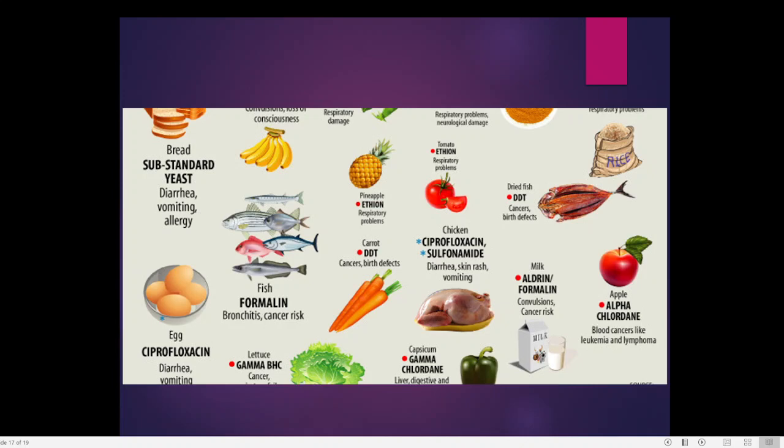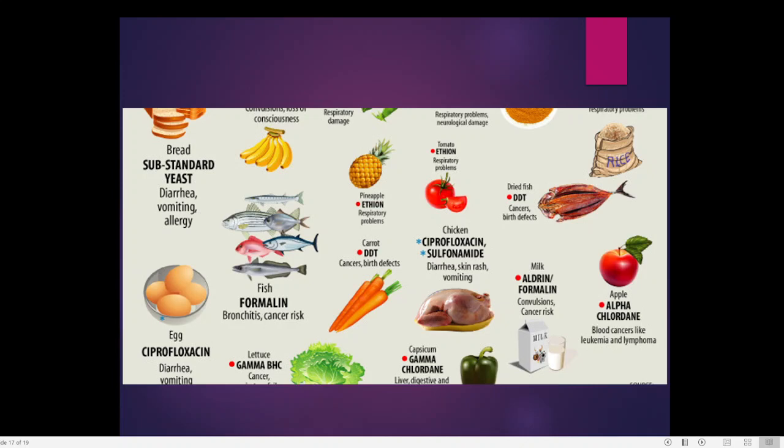So that will also lead to respiratory problems. In case of fish, people will sometimes be using DDT. You know what DDT is? DDT is primarily used in our homes for killing ants. And that will be added to fish, so that cancer or birth defects can take place. Then in case of apple, a substance known as alpha chlordane can be added.